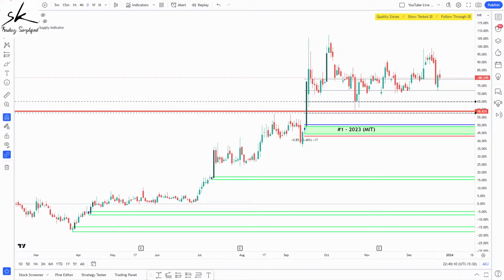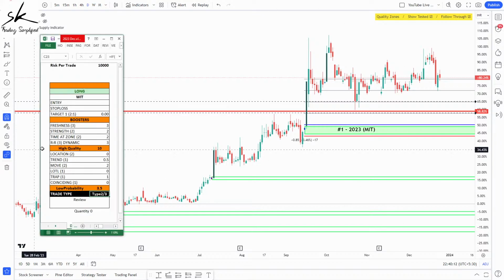The one which I'm using is not available for download, and the reason I'm using this is because it is presented vertically, so you can see everything at one glance. The other one is designed horizontally, which makes it a little bit more challenging at the time of analysis to understand. So you people will have the more advanced version where you don't have to give the scoring, you just have to select the conditions, the scoring is given automatically, plus it will also help you log your trades. So that is available in the description.